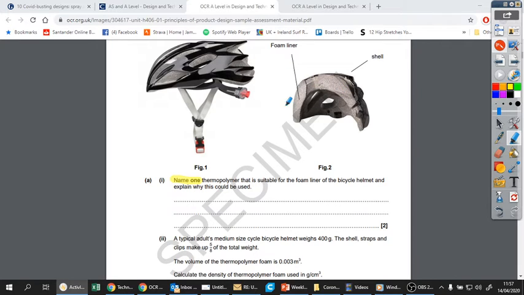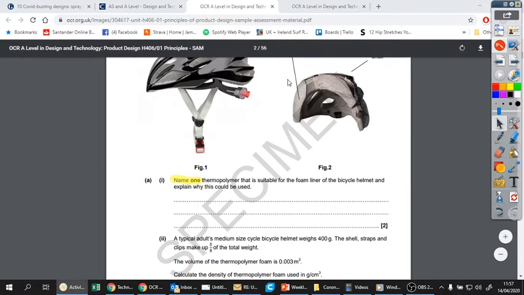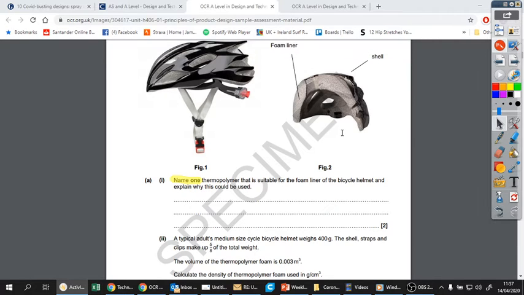Now you could sit there and think, oh God, I don't know any of these. But as long as you remember for this question what's been added to it to make it cushion, then you think, right, it's going to have to be what type of plastic? Expanded. So if you write expanded polypropylene or expanded polystyrene, as long as you've got that word expanded to show that it's going to stop impact, you're going to get the mark.